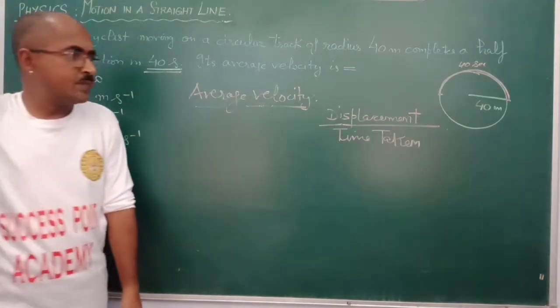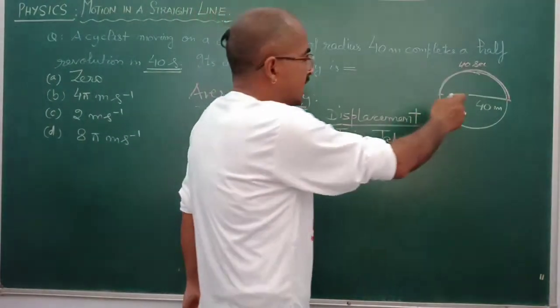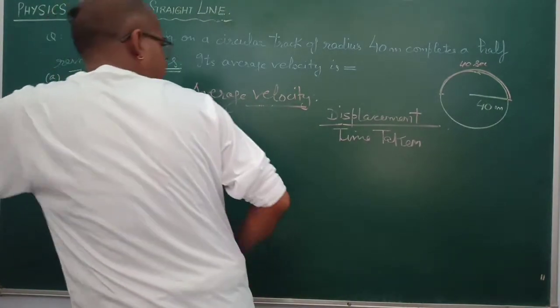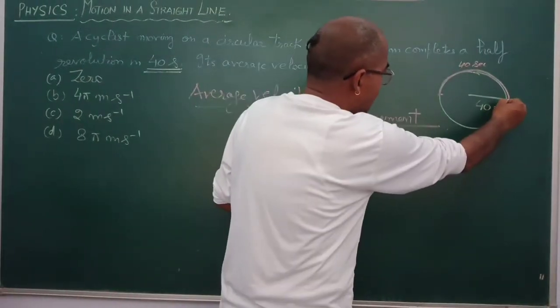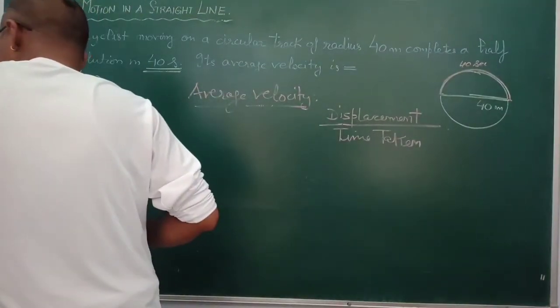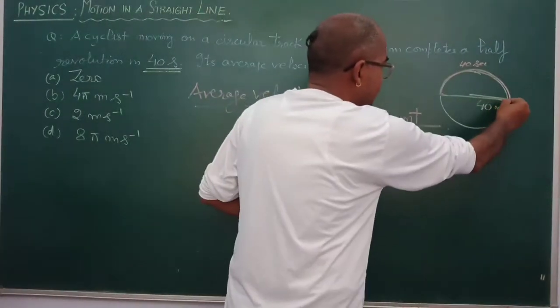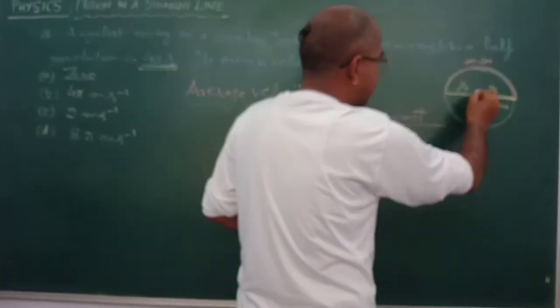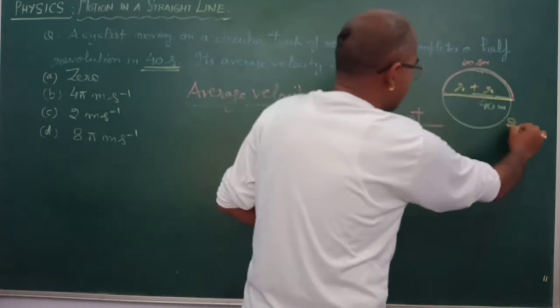So, displacement here is from this point to this point. And this is R. R plus R is 2R.